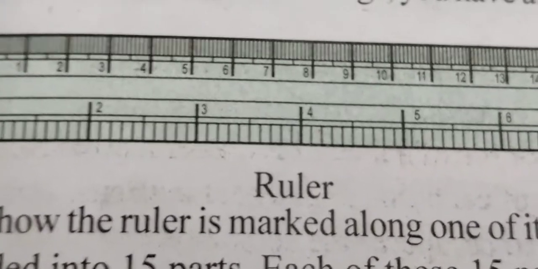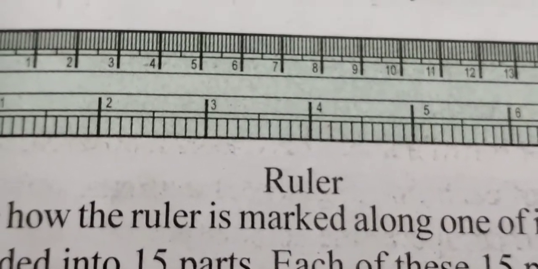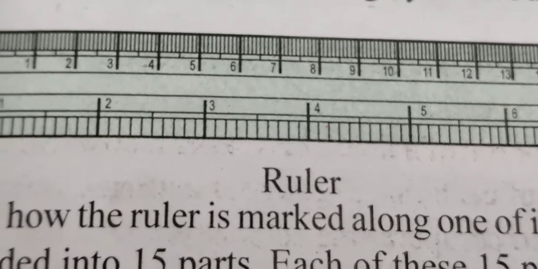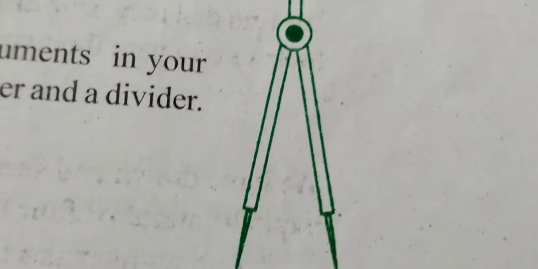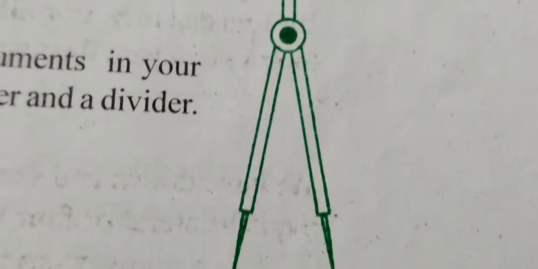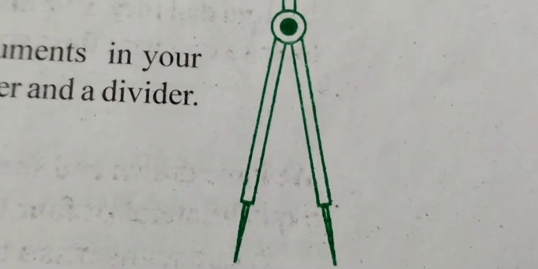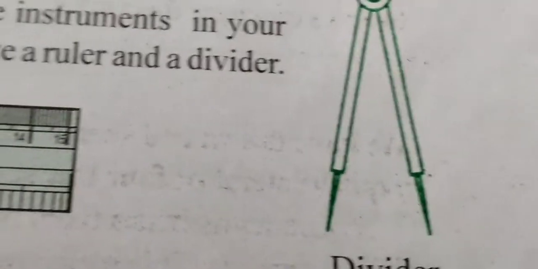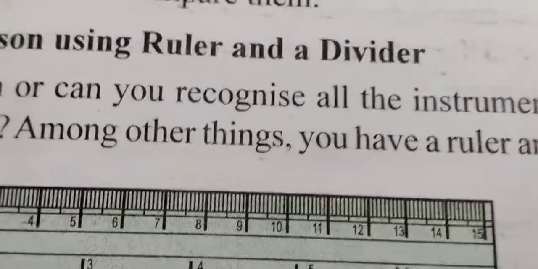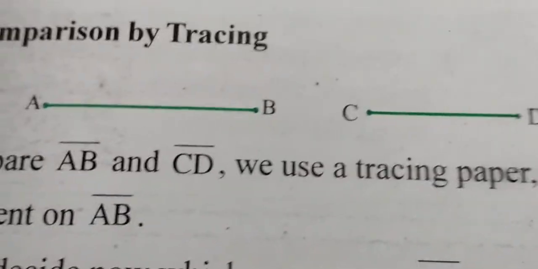Okay, it's a small ruler which can fit in the geometry box and can be carried easily in your school bag. And this is the picture of a divider. This is not a compass, but a divider, where you can see both the arms of the divider have a pointed needle. So using this divider and ruler, you can compare the length of two different line segments.